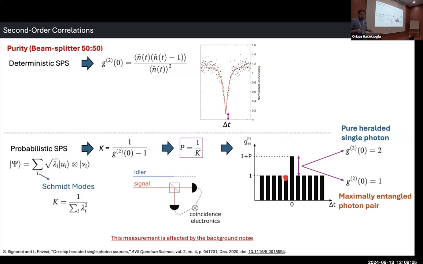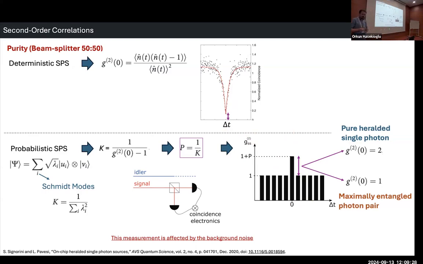But this is quite useful again. The value is usually between 2 and 1. You cannot go below 1, like I said. But if it's close to 2, or very close to 2, your single photon state is very pure, not correlated with the other photon pair. Then you can say that you might be able to use it as a single photon source for a photonic quantum computer.